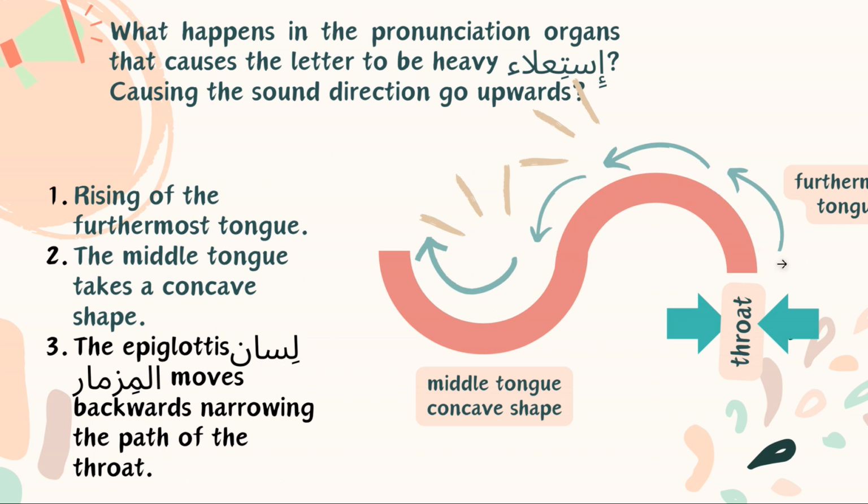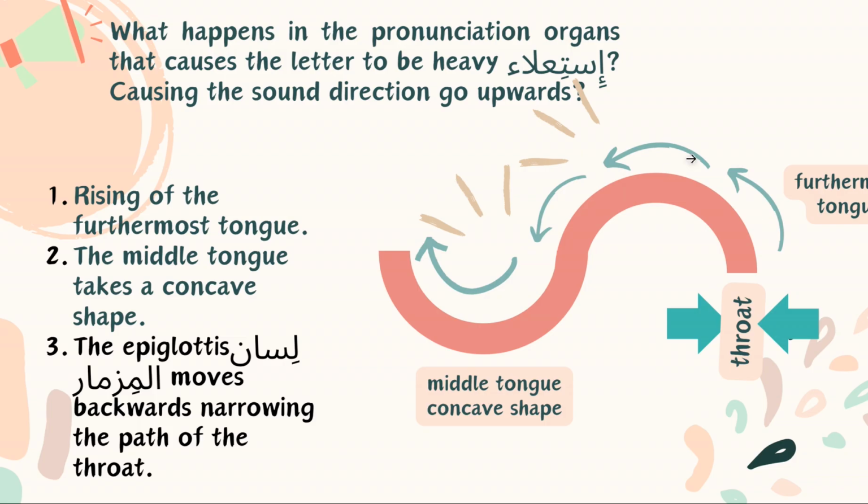So what happens to the sound? It just goes upwards as though it's going on top of a hill. And then what happens here? This is the upper palate, so the sound strikes the upper palate, making an echo. It makes an echo sound in the mouth.